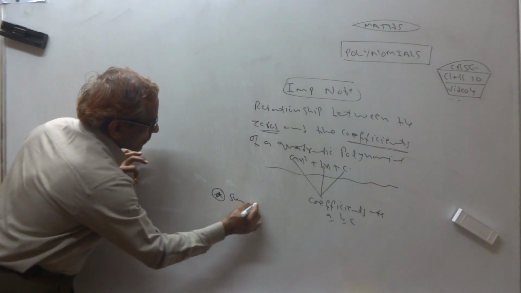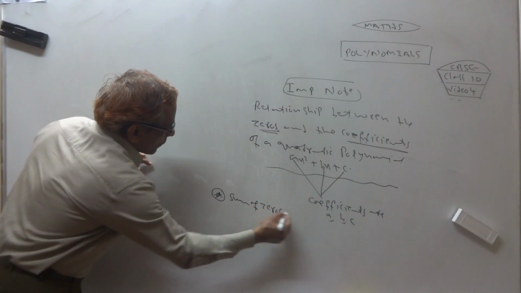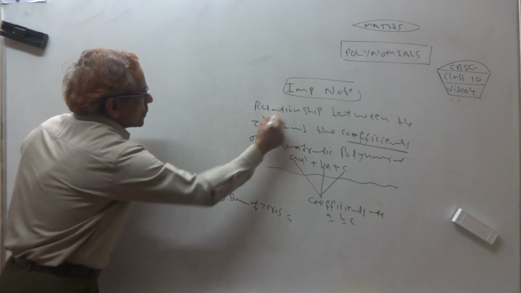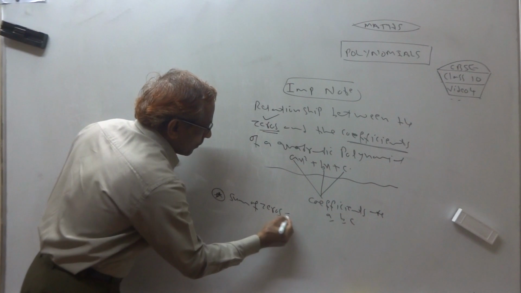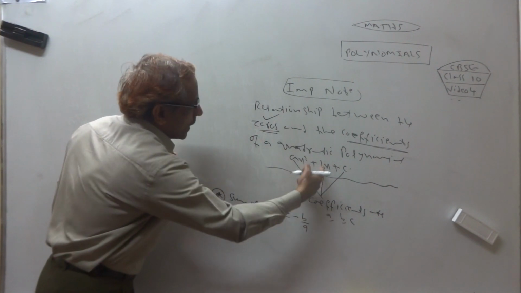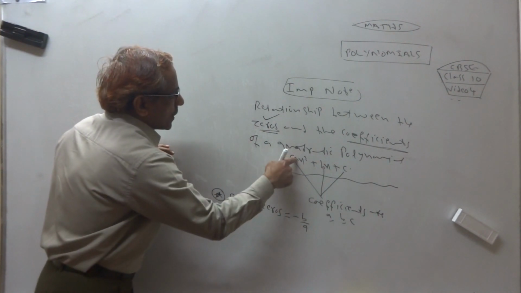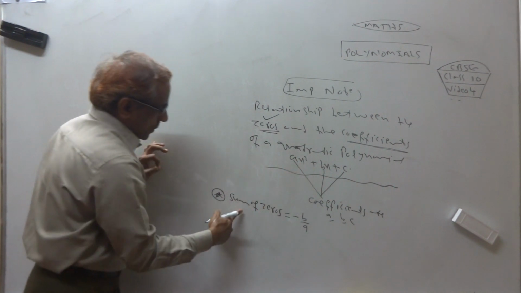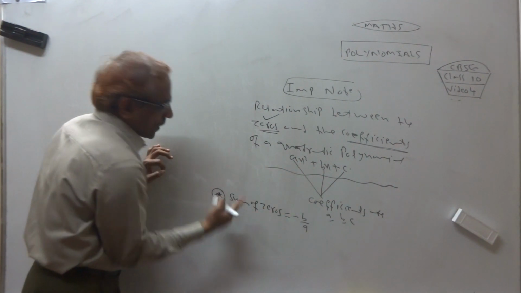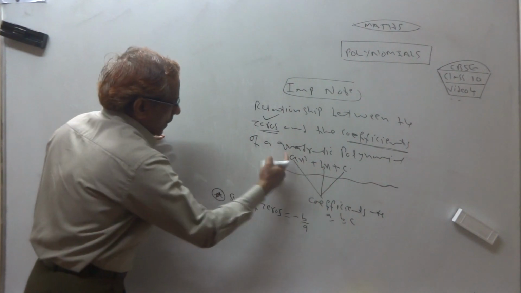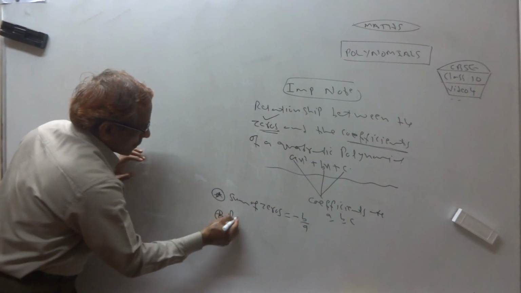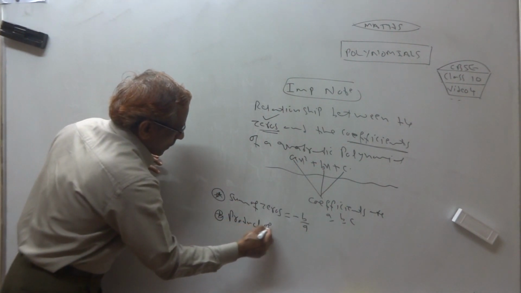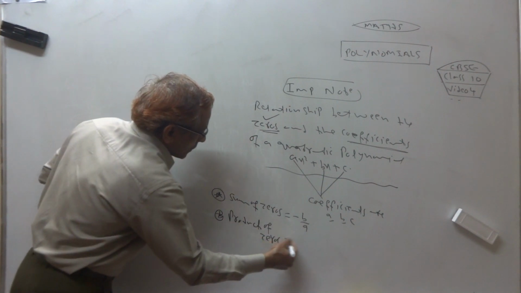Sum of zeros is equal to minus b by a. This is the relationship between zeros and coefficients. What is sum of the zeros? Minus b by a. What is product of the zeros? Product of zeros is c by a.